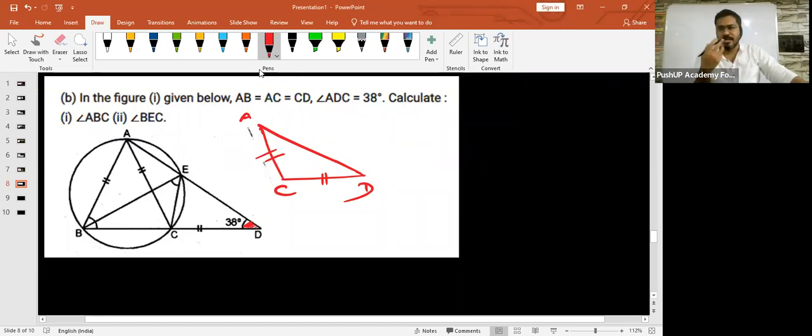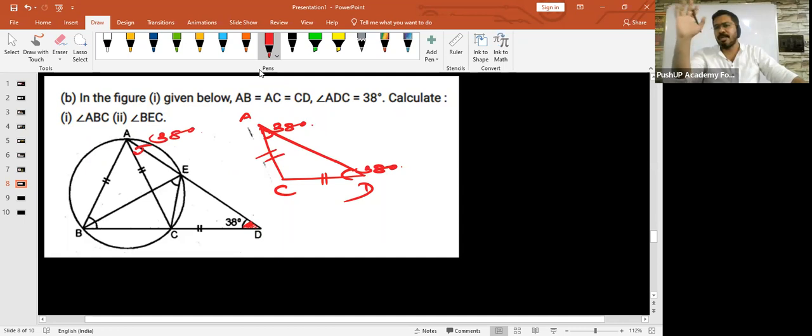And you know, in an isosceles triangle, the angles opposite to the equal sides are also equal, isn't it? So if this angle is equal to 38 degrees, this angle will also be equal to 38 degrees. Yeah. So let me label it over here.